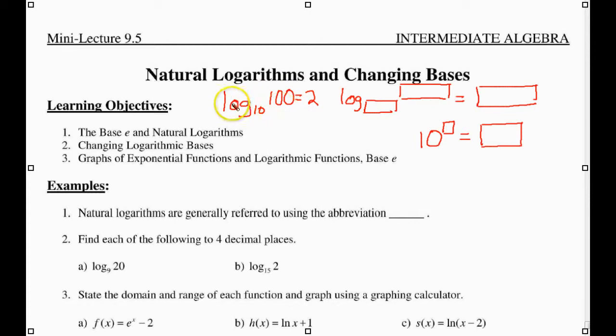So when we look at this, the log base 10 of 100 equals 2. Well, what does that really refer to? We're saying log, and then what goes down here is our base.